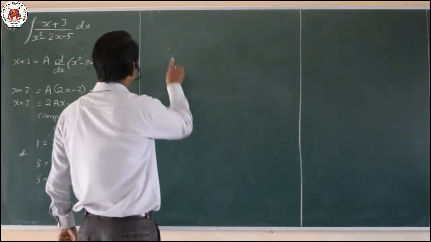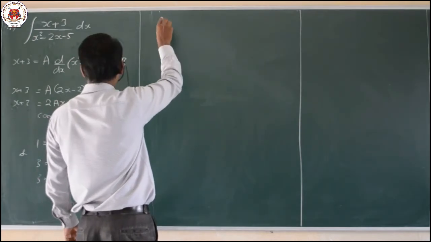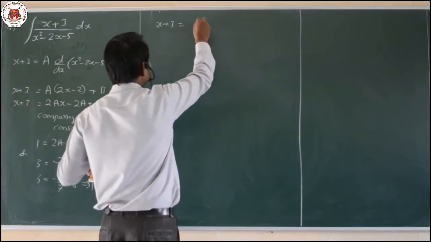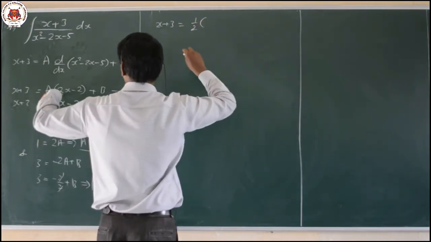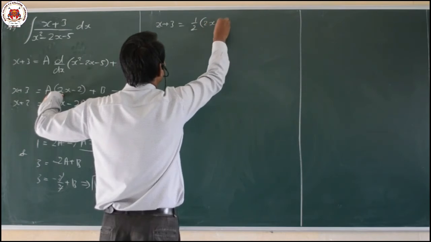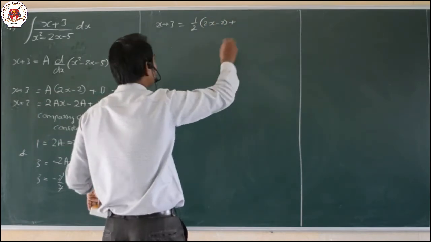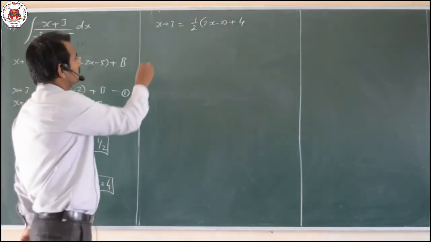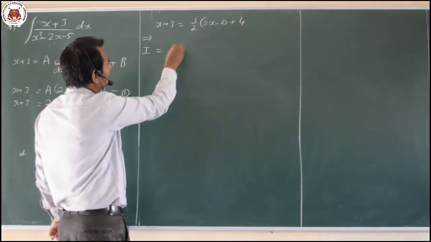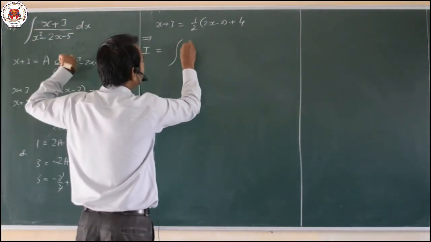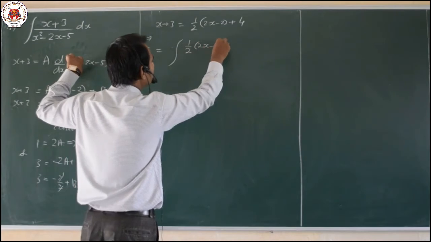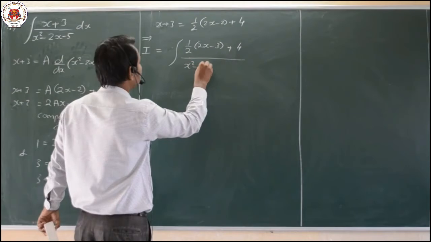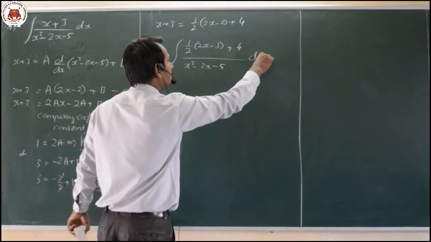So that implies px plus q, that is x plus 3, equal to A, which we got as 1 by 2, into 2x minus 2, plus B. What is the value of B? That is 4. Both of these values we substitute here. So I is equal to the integration of x plus 3, that is 1 by 2 into 2x minus 2 plus 4, whole divided by the denominator, that is x square minus 2x minus 5, into dx.